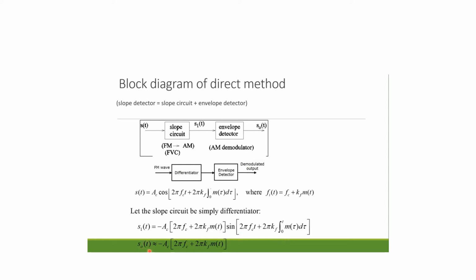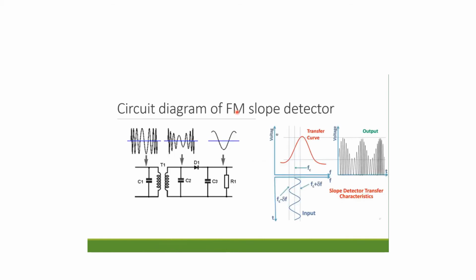So s0(t), which is the output, will be Ac times (2 pi fc plus 2 pi kf m(t)). This term is actually a constant term. There is no message, cos, sine, etc. here, but here we are getting our message signal. So in this way we can generate our message signal by using a simple slope detector, which is the combination of slope circuit plus an envelope detector.